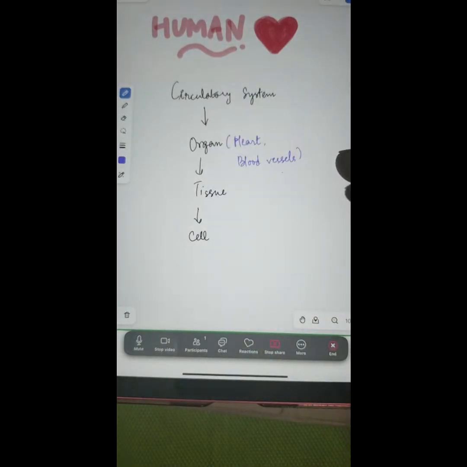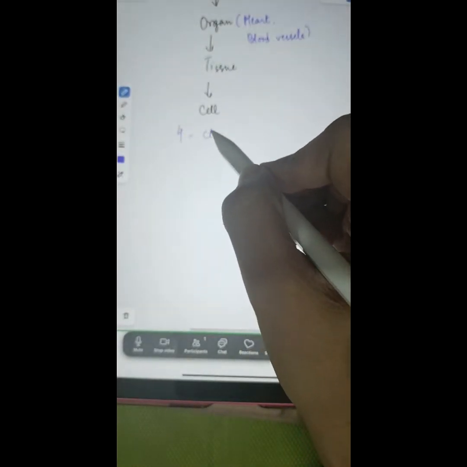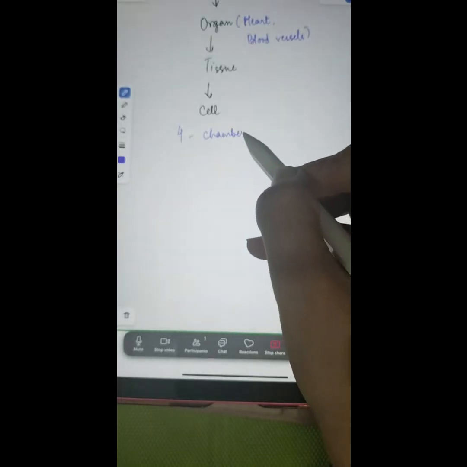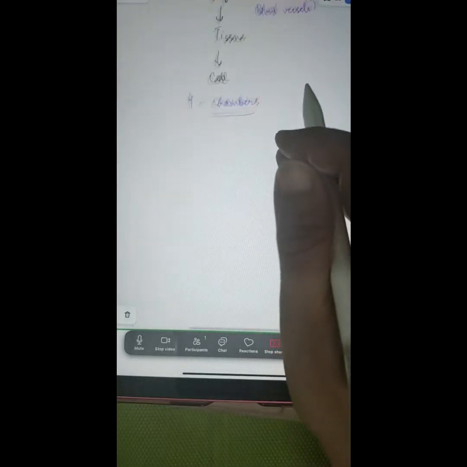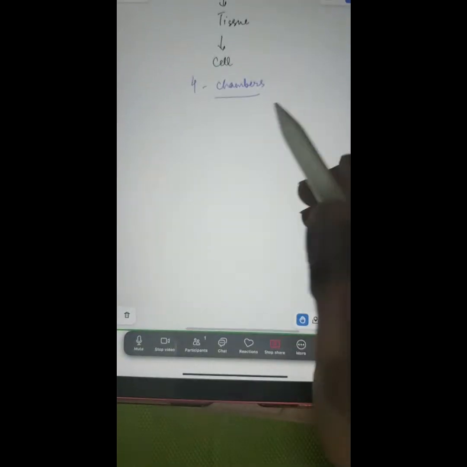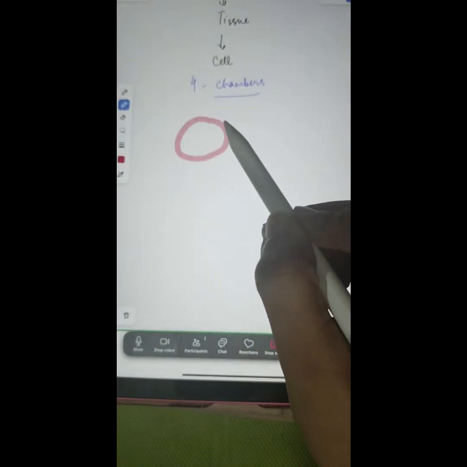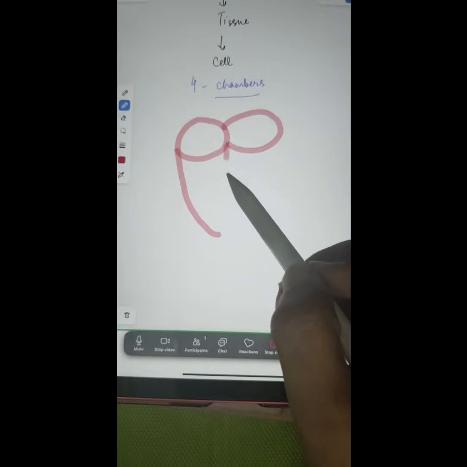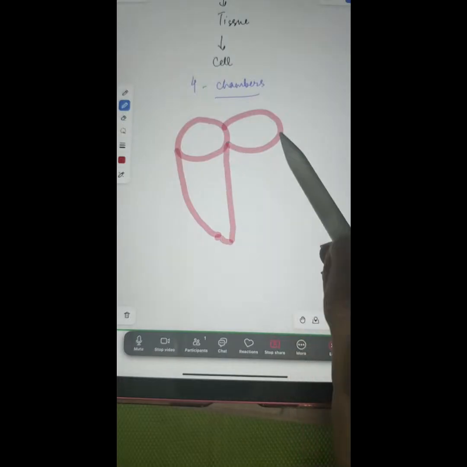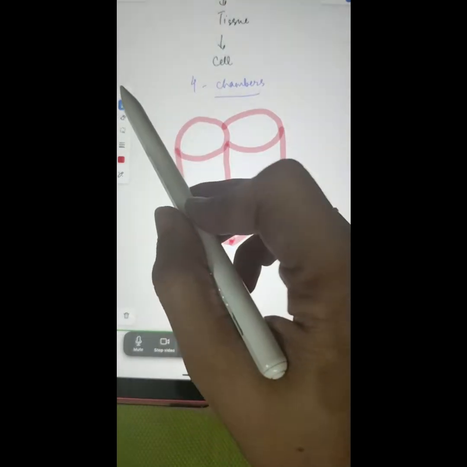So, as we move forward after this, there are four chambers in the human heart. To know what these four chambers are, I will be drawing a generalized diagram for your understanding. And once we are done with these diagrams, then I will make you understand the diagram that is given in NCERT.